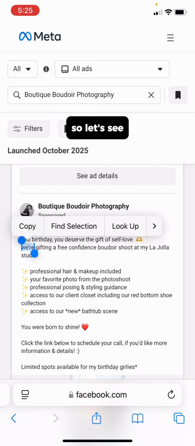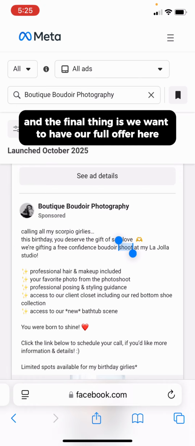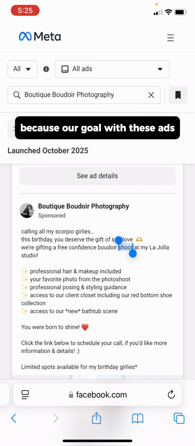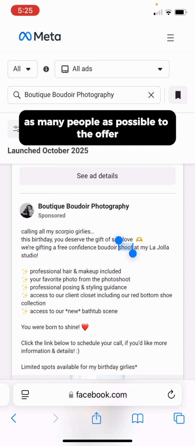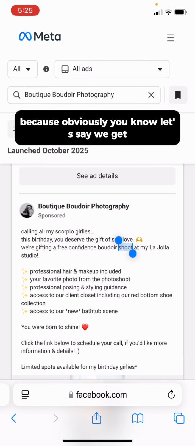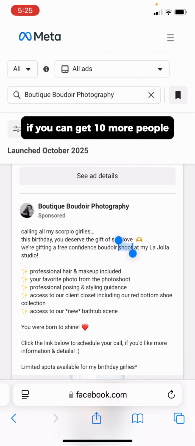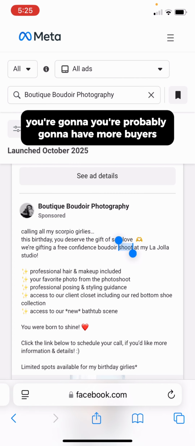So yeah, we're missing that story narrative. And the final thing is we want to have our full offer here, because our goal with these ads is always to expose as many people as possible to the offer. Because obviously, if you can get 10 more people to know your offer exists, you're probably going to have more buyers, right?